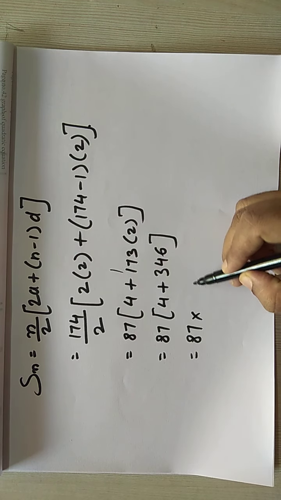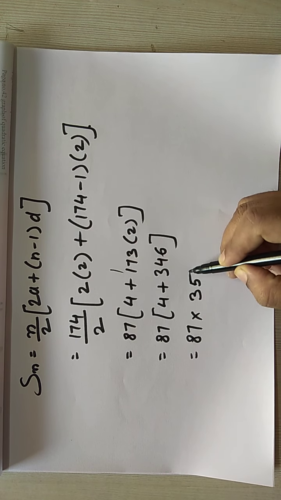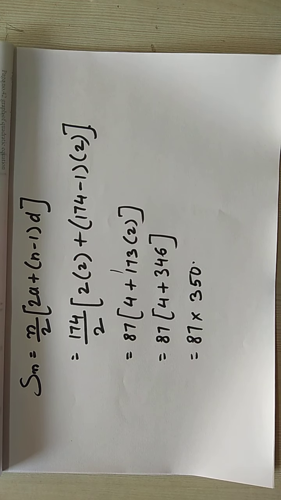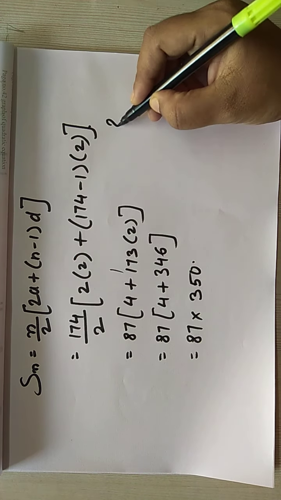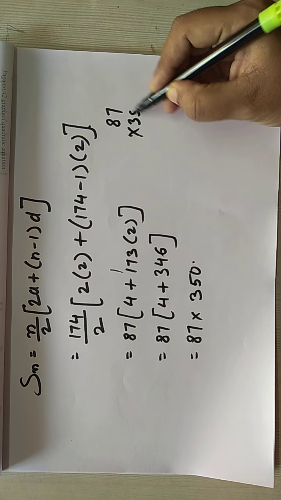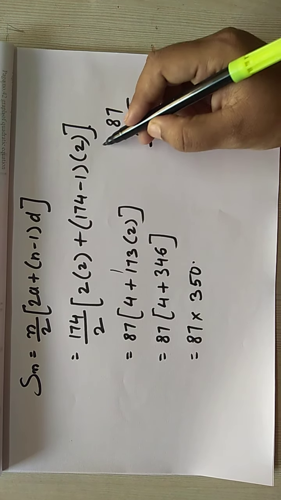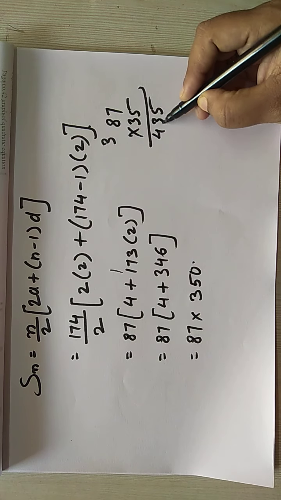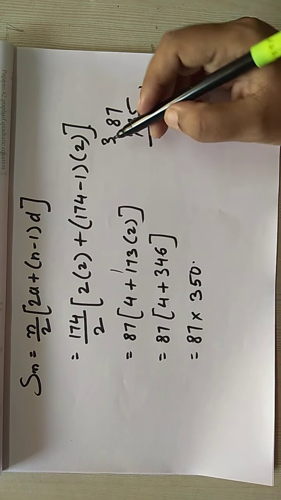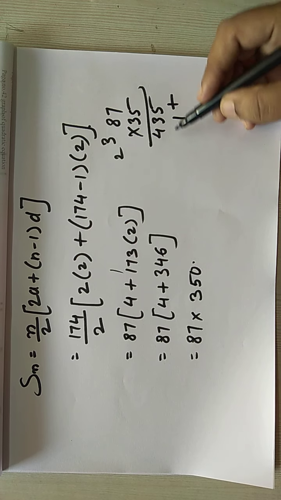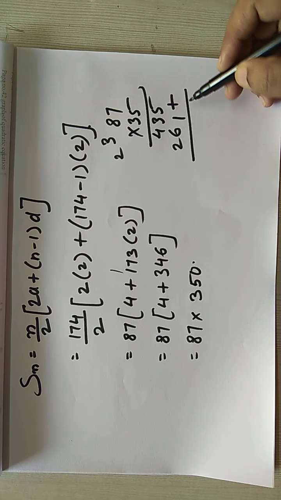87 into 350. So let's solve 87 into 350 and check what answer we get. 5 7s are 35, 5 8s are 40, 43, 3 7s are 21, 3 8s are 24, 25, 26.